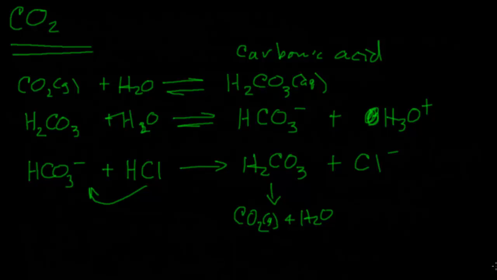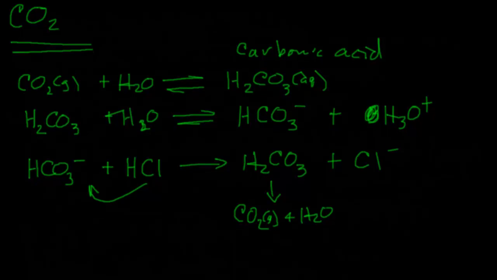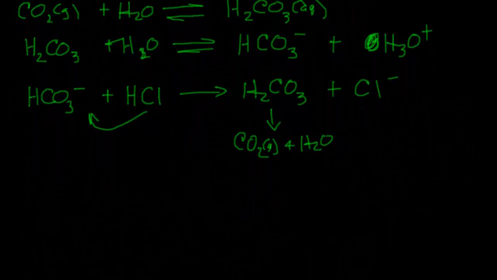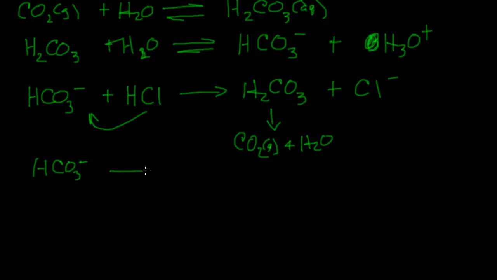Now what's also interesting about carbon dioxide is that this hydrogen carbonate, bicarbonate, could give up another proton to, let's say, a base, to make this species carbonate, CO3 2 minus, and there's the other H plus that has come off.